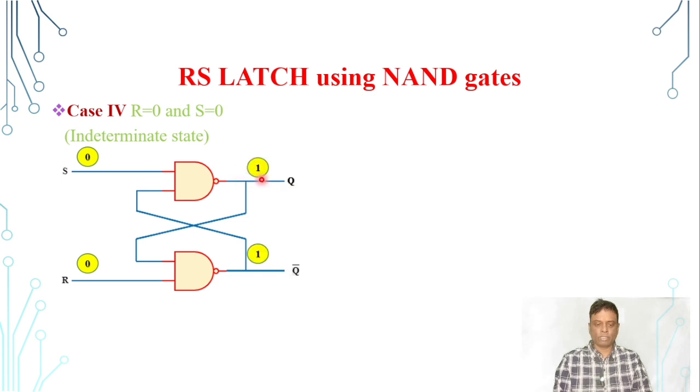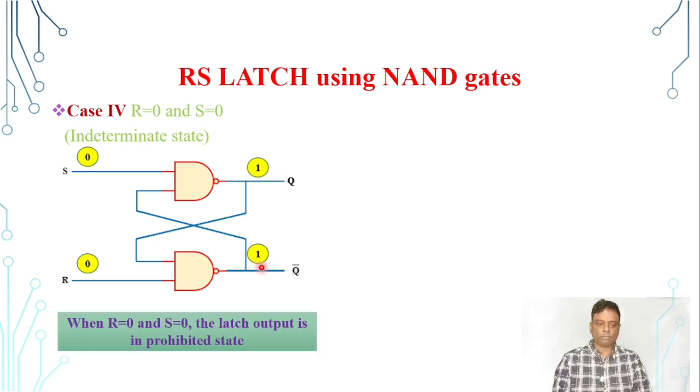So this condition is called the indeterminate condition or invariant state, because Q and Q complement should be complementary to each other, but in this case both are 1, 1. That is why this state is also called the prohibited state. So when R and S are 0, 0, the latch output is in the prohibited state.